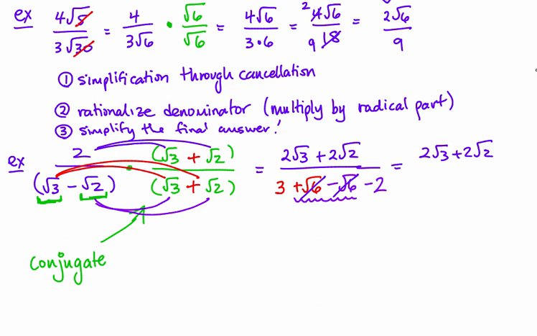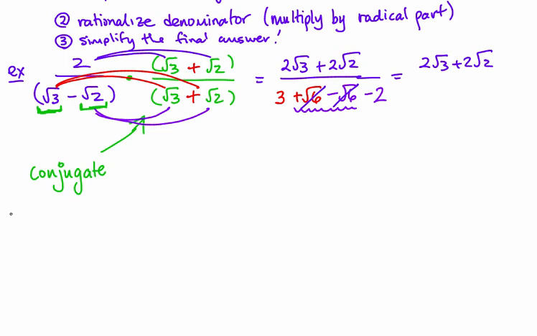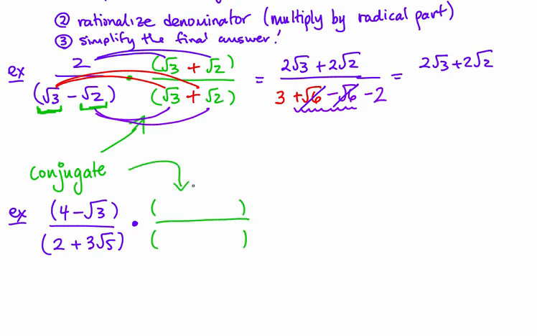Of course, it doesn't always work out as nice as a denominator of 1, so let me show you another example of this with 4 minus the square root of 3, so a little bit more complicated on the numerator, and 2 plus 3 root 5, a little bit more complicated as a denominator. So think about these as entire numbers. We're going to multiply by the number 1 in a special form, again, called the conjugate.